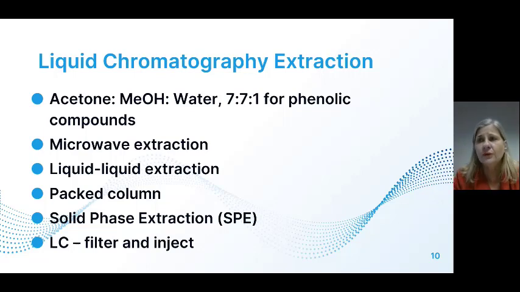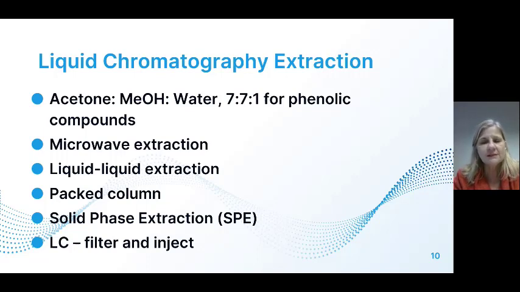You could also take the crude extract from any of the extractions that we have discussed above, and then separate it further using a packed column or a solid phase extraction.